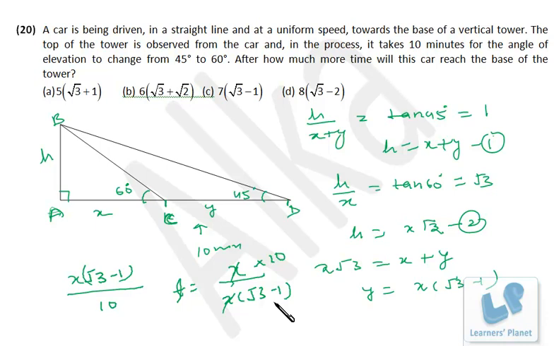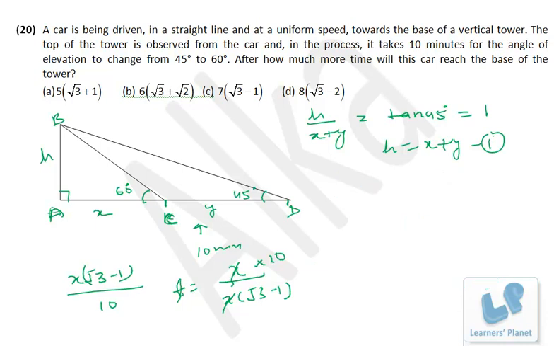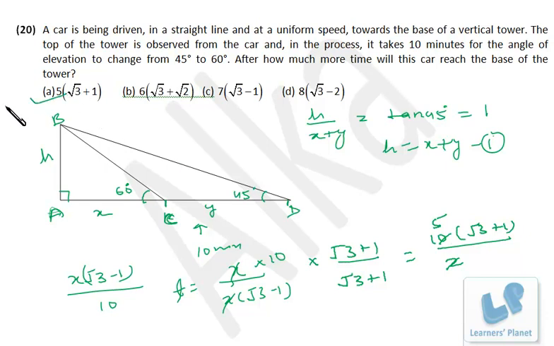So it's 10 upon root 3 minus 1. So we can rationalize it into root 3 plus 1 upon root 3 plus 1. So that's 10 times root 3 plus 1 by 3 minus 1, that is 2. So it's 5 times root 3 plus 1, right?